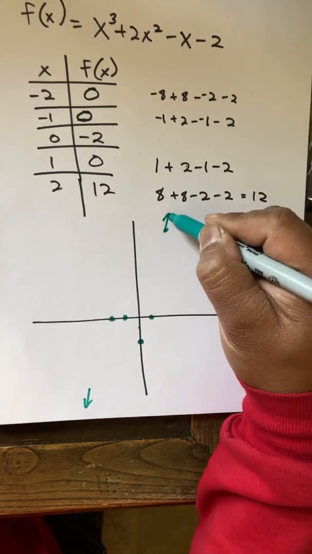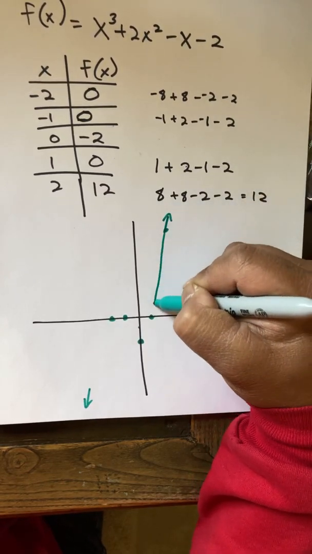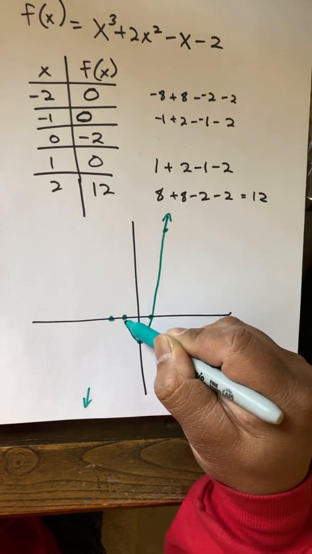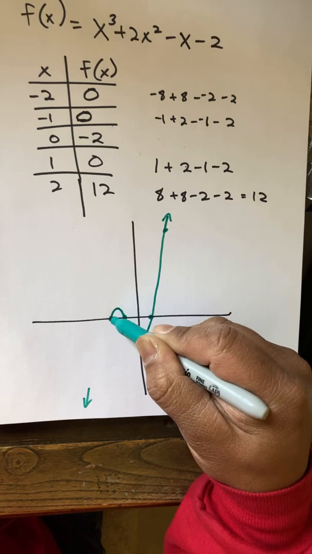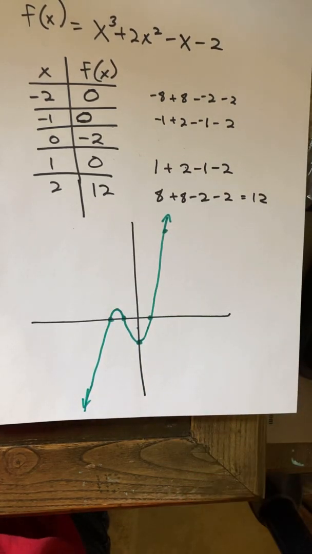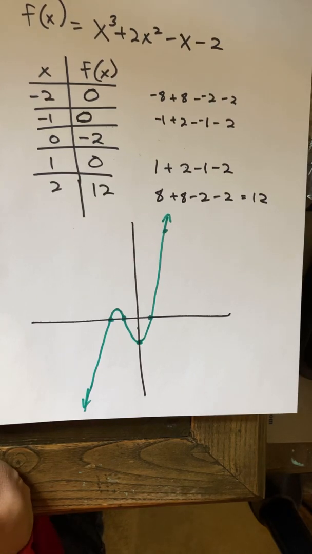So I'm just going to connect a bunch of dots. I got to go back up there, and I'll max out somewhere and go back down. That is it. And that's how things were graphed in the old days. People, enjoy.